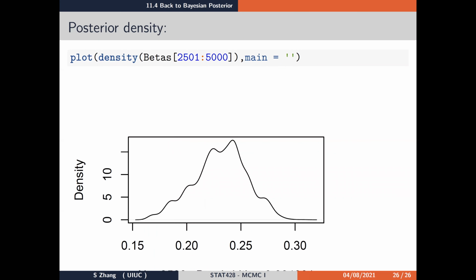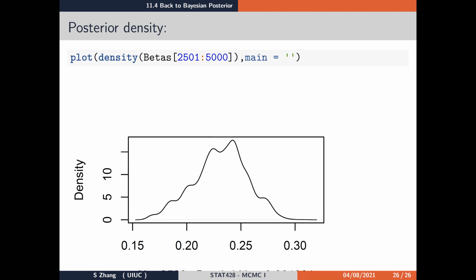We can also create an empirical density plot for the posterior distribution of beta given x's. If we plot the density of betas across, say, the 2,501 to 5,000 iterations, you can see that this is a density which is centered somewhere between 0.2 and 0.25.